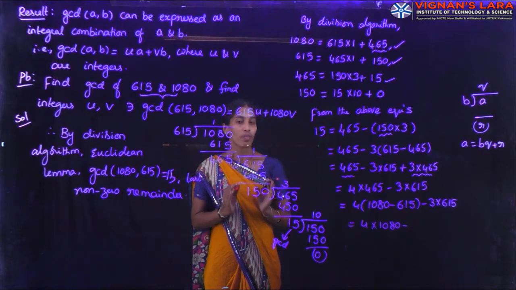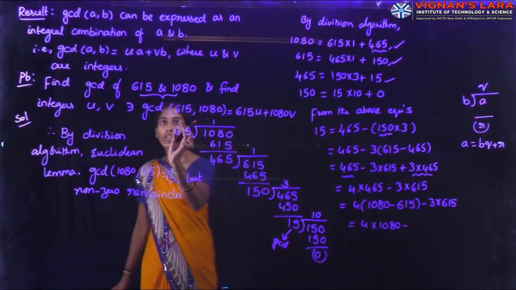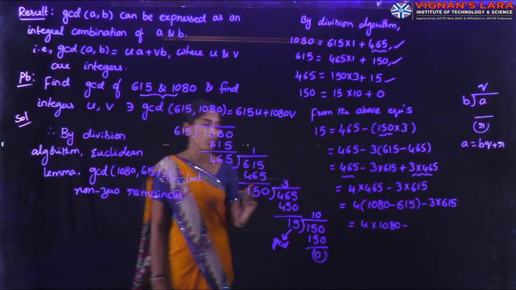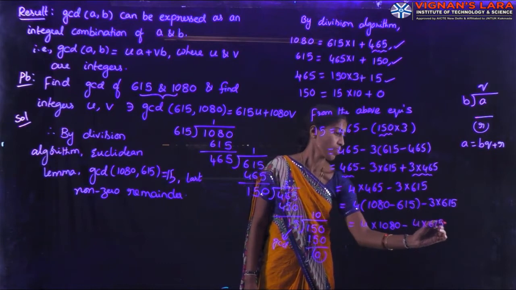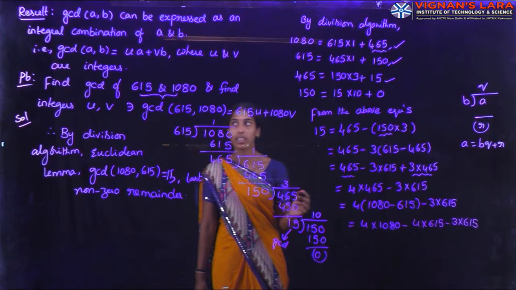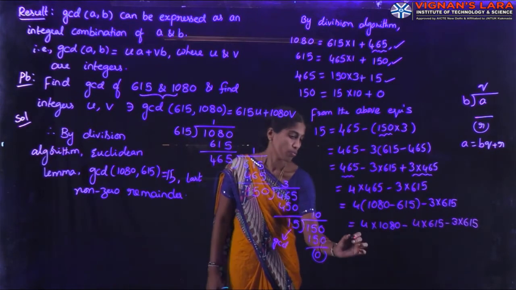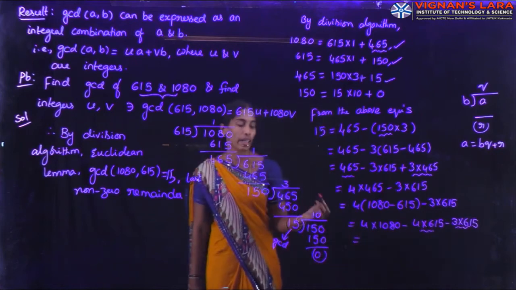Our aim is to express this GCD 15 in terms of the given two numbers 615 and 1080. So 4 into 1080 minus 3 into 615, which gives 4 times 1080 and 3 times 615 with a negative sign.